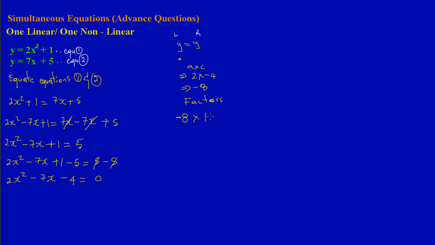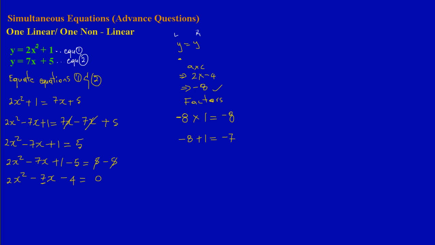So negative 8 times positive 1 gives negative 8, which is what I'm looking for. And negative 8 plus 1 gives negative 7, which is my b. So I have my two factors: negative 8 and 1.